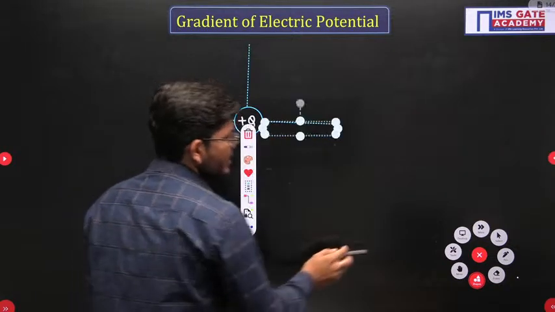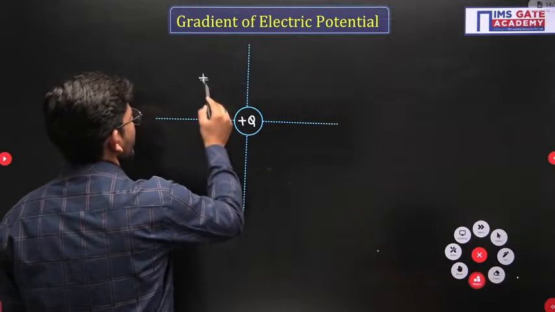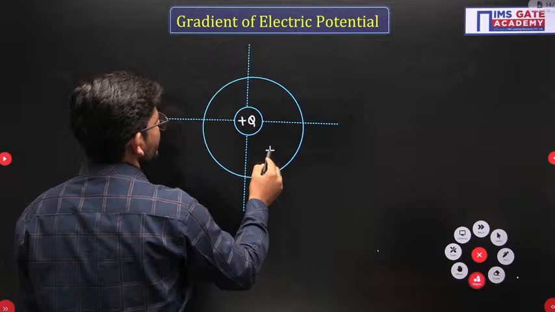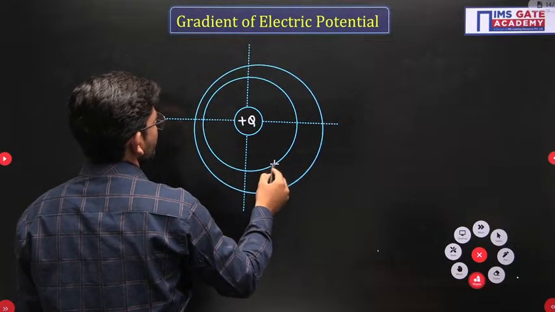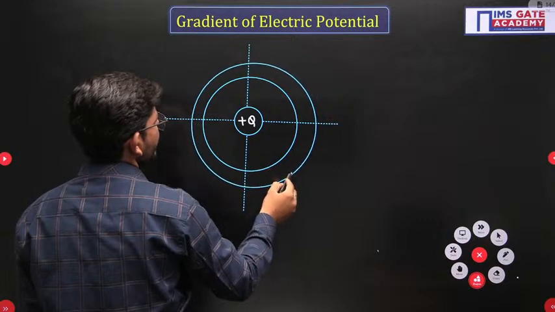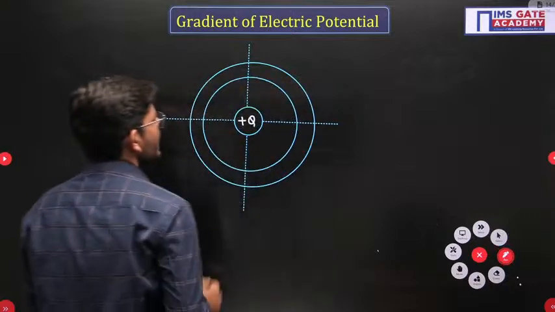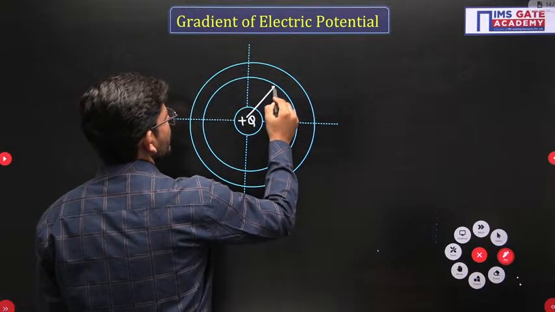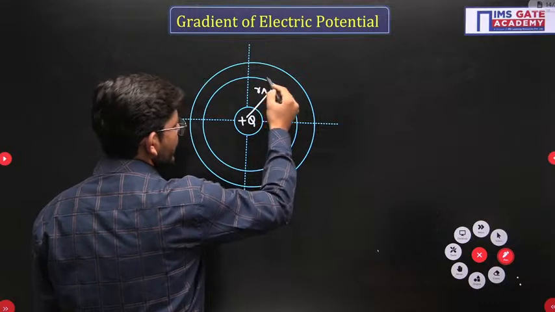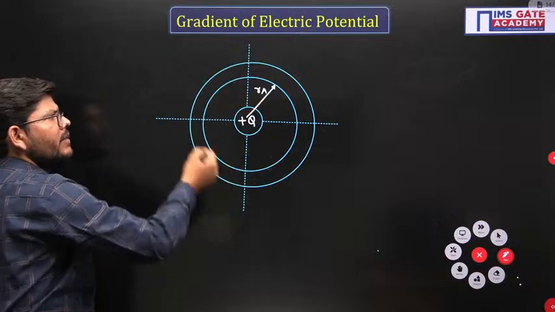Now let us consider some equipotential surfaces around this positive charge. Suppose at a distance ra we have a surface where we will have the same potential everywhere.